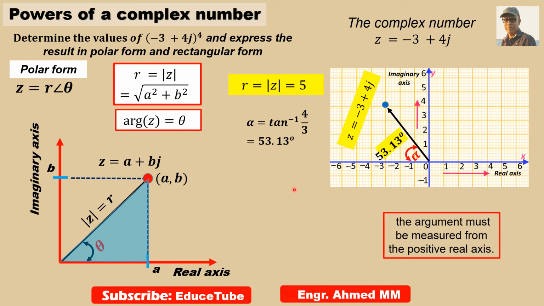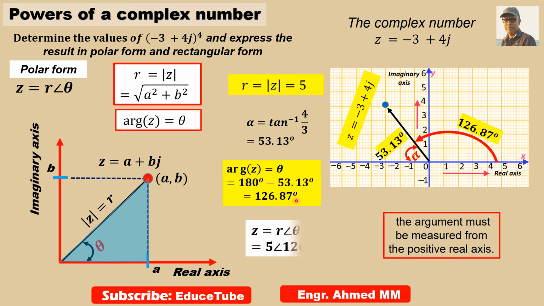So how do we get that? The argument will be 180 degrees minus this angle, which is 126.87 degrees. This is satisfied because it is measured from the positive real axis. Now it's perfect. So surely we can write the polar form of this complex number with r value 5 and argument 126.87 degrees.